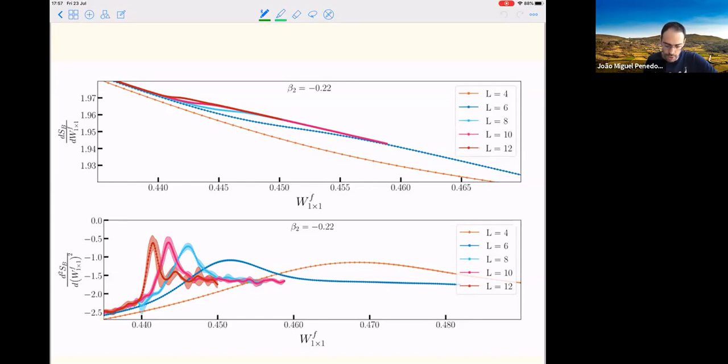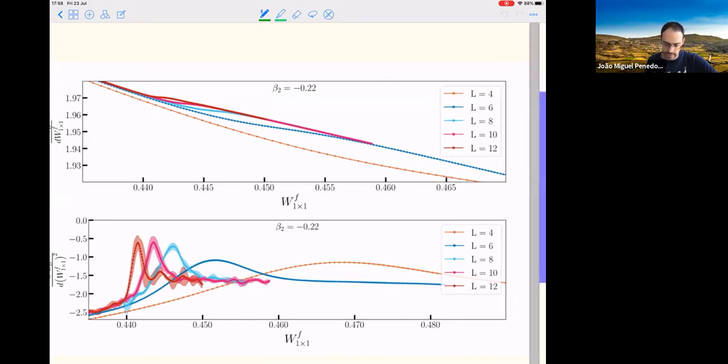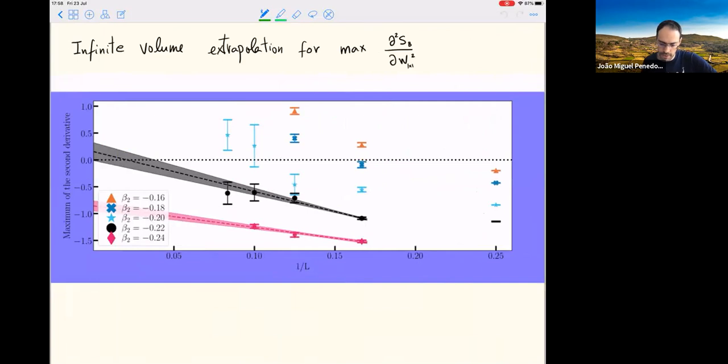And here I show you the second derivative, and you see that there is some peak in the second derivative, but it stays negative. Of course, it's very difficult to extrapolate with L at 12, but that's the state of the art. And maybe this picture is my last figure.